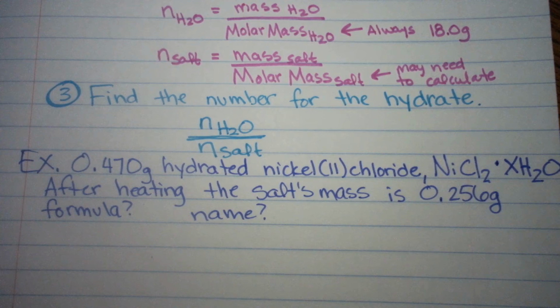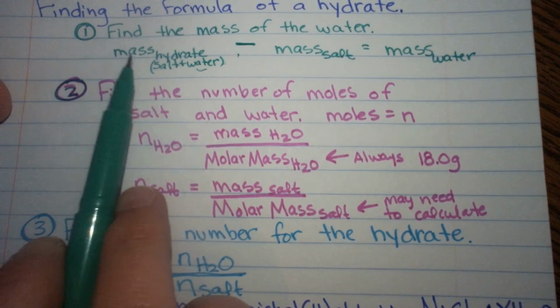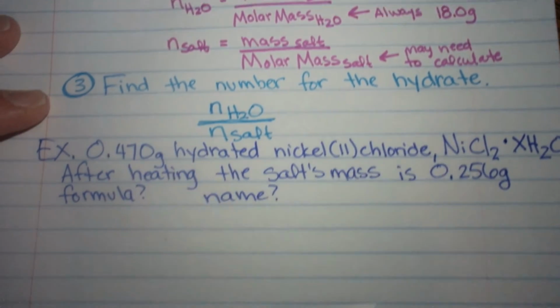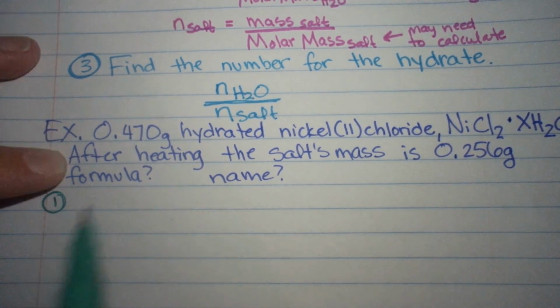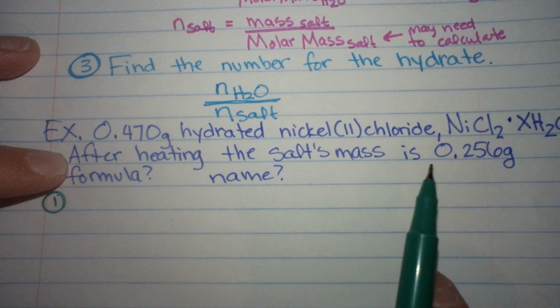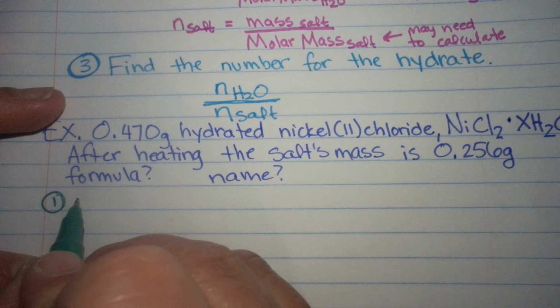Okay, so step 1 from what we had up here, find the mass of the water. So we're gonna color code this for you. Step 1, we're gonna take the total minus what was left. So the hydrate minus the salt.